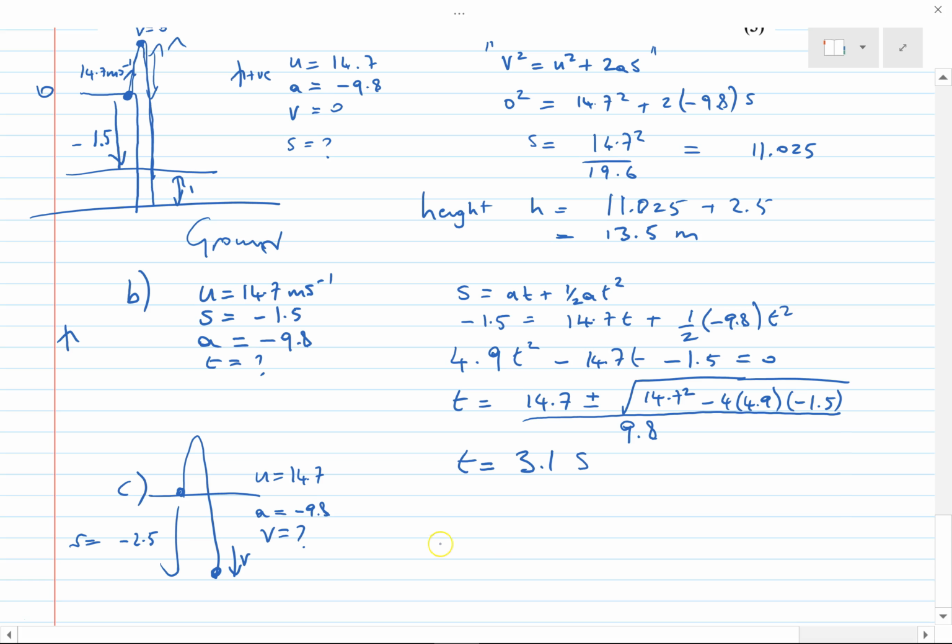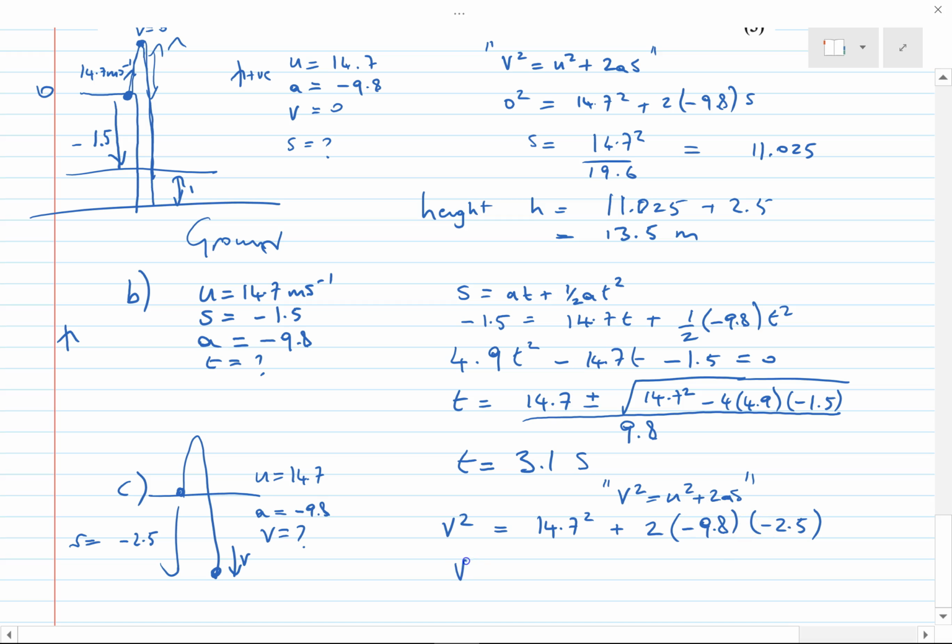Now, we can say v squared equals 14.7 squared plus 2 times minus 9.8 times minus 2.5, using v squared is equal to u squared plus 2as. Because they're both negative, they're going to cancel each other out.